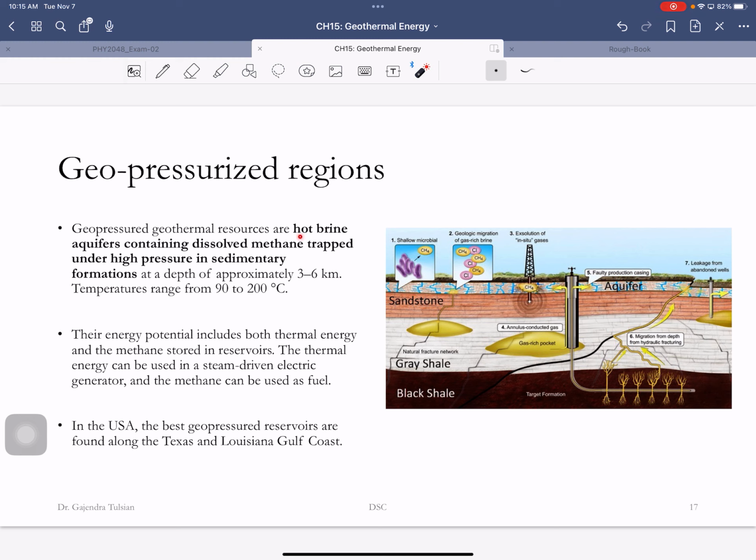These are hot brine aquifers containing dissolved methane trapped under high pressure in sedimentary formations at a depth of 4 to 5 kilometers. The energy potential includes both thermal energy in the hot water and the methane stored in the reservoirs. The thermal energy can be used in a steam-driven electric generator, and the methane can be used as fuel.